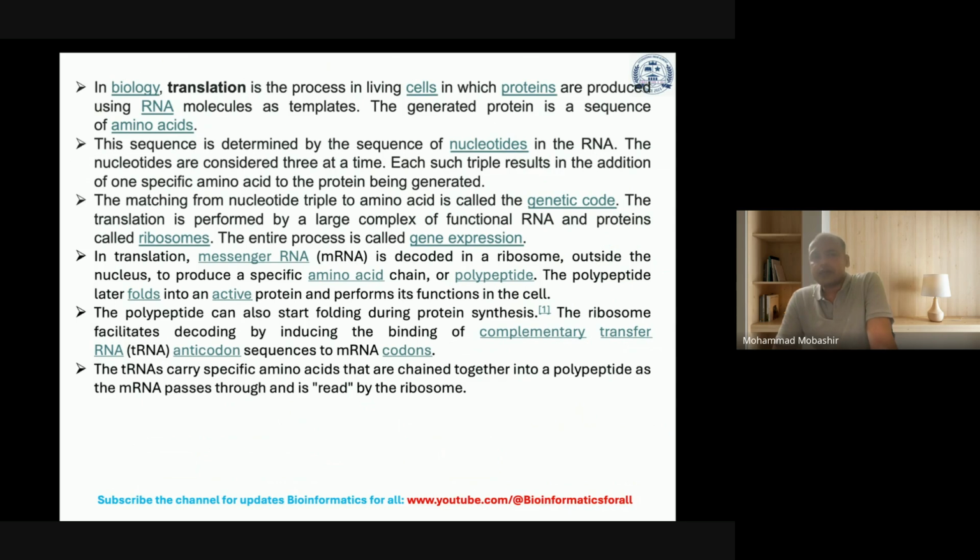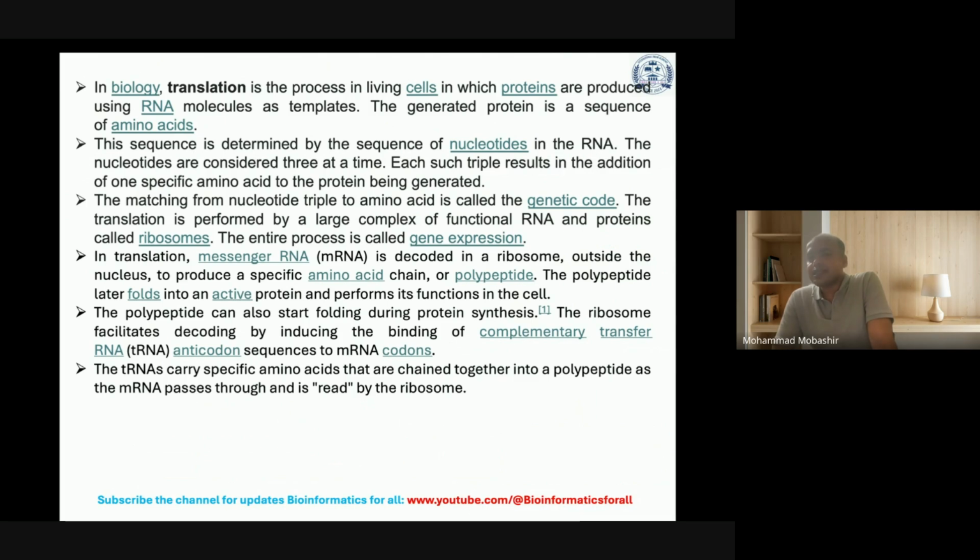In translation, messenger RNA or mRNA is decoded in a ribosome outside the nucleus to produce the specific amino acid chain or polypeptide. The polypeptide later folds into an active protein and performs its functions in the cell. The polypeptide can also start folding.